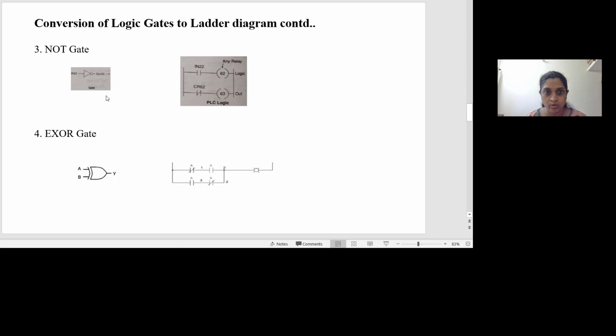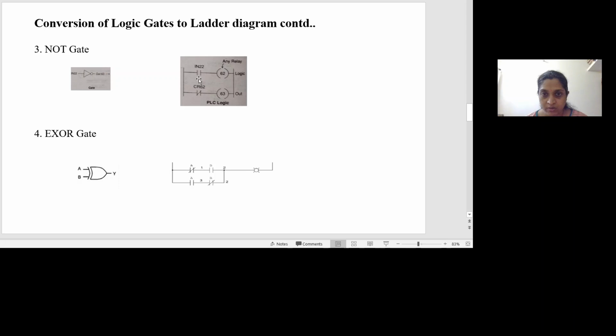Now let me move on to a NOT gate. Here I've shown the symbol of a NOT gate, and in the last session I said that the NOT gate output is given as y equal to a complement. And here I have written a ladder diagram for a NOT gate. Here you could see IN22 is the input of the NOT gate, OUT 63 is the output.